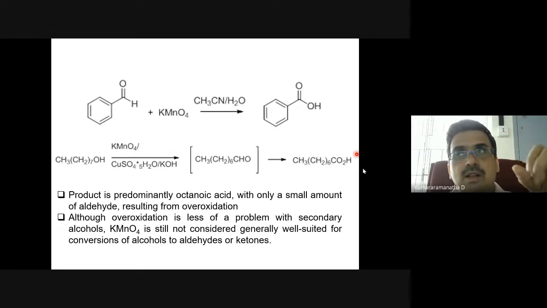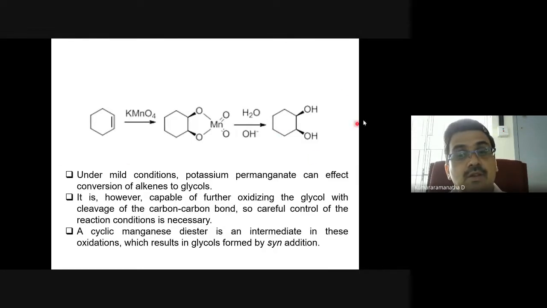Now, you do not have the over-oxidation problem, unlike potassium dichromate. As I told you, compared to potassium dichromate, this is very safe and a slightly weaker oxidizing agent. So you can even form a glycol, like diols.